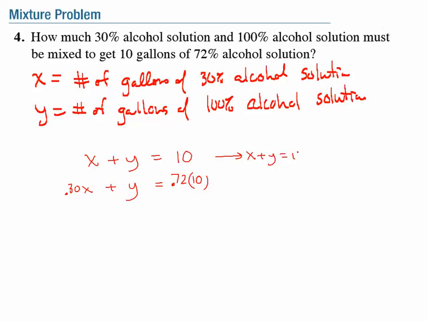Okay, so simplifying this a little bit, no change at all at the top. I'm just going to simplify the bottom right here. So 0.30x plus y is equal to 7.2. Is that okay with everybody? It's 0.72 times 10. So as usual, what should we do to get rid of decimals, because we don't like decimals?